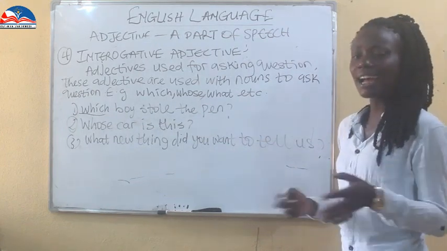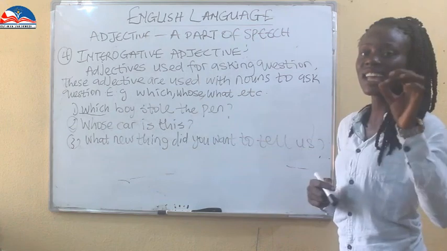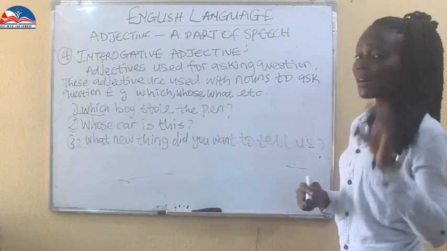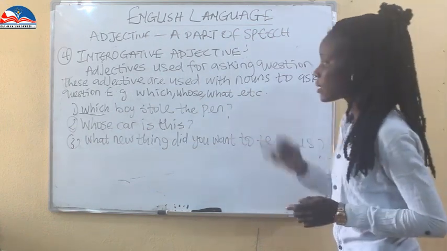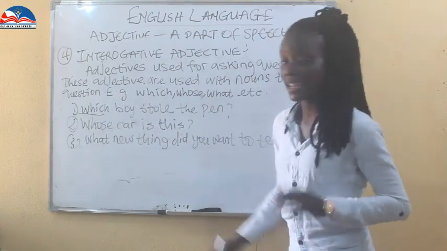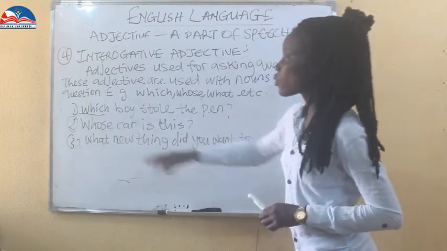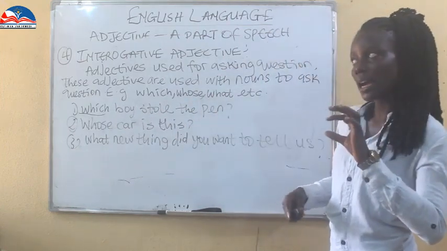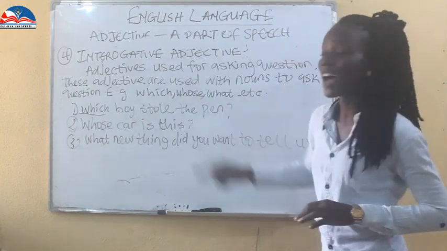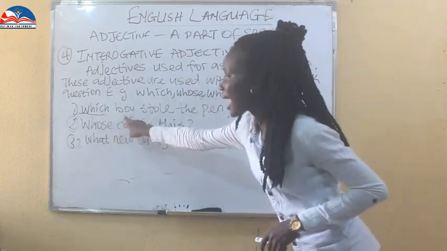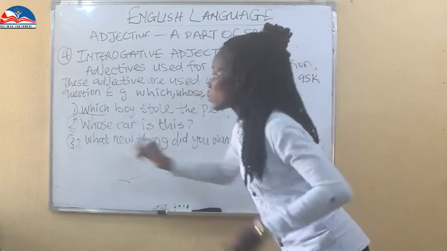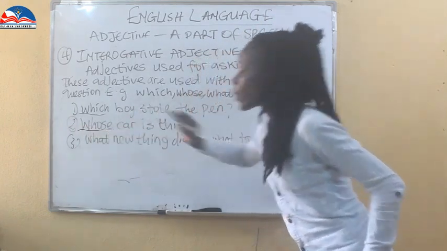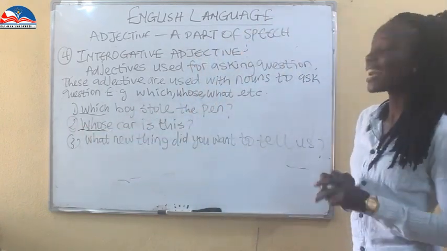Car is a noun. It is the name of a thing. Remember, a noun is the name of a person, animal, place, or thing. So now the question is, whose car? The noun car. So what was used with it? Whose. Question. Whose car is this?